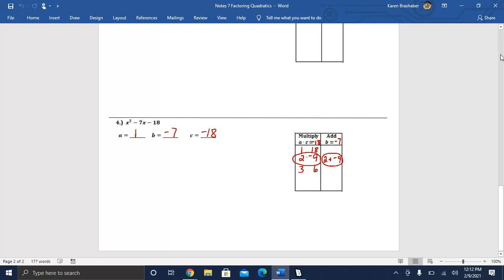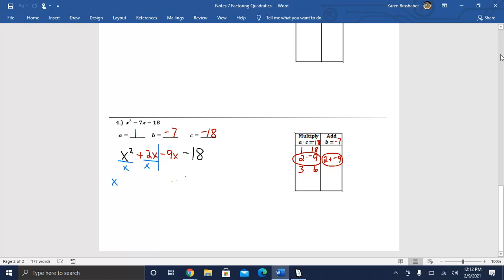First term, x squared. Then the middle is split into positive 2x minus 9x. And then our last term of negative 18. We will draw a cut line. You can divide your first terms by x.